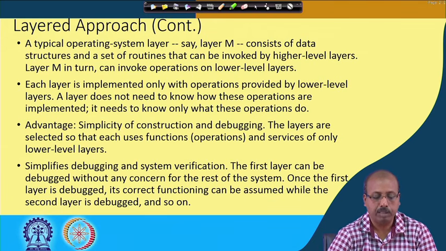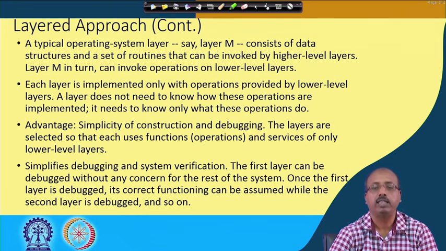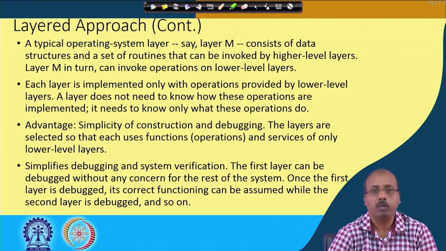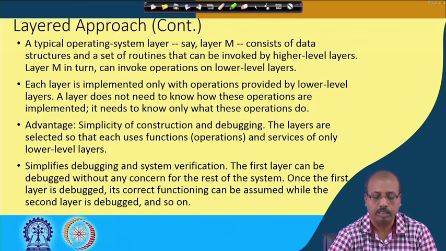The first layer can be debugged without any concern for the rest of the system. For the hardware layer, we can have some hardware level tests that verify that the hardware is working correctly. On top of that hardware, the layer 1 software can be tested by checking whether those routines are working in the context of operations by the hardware.